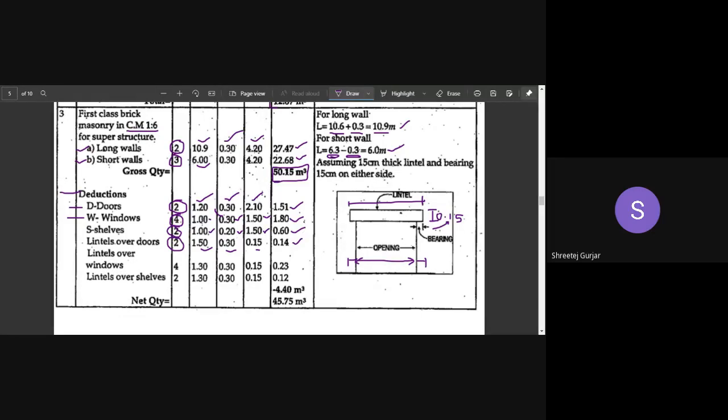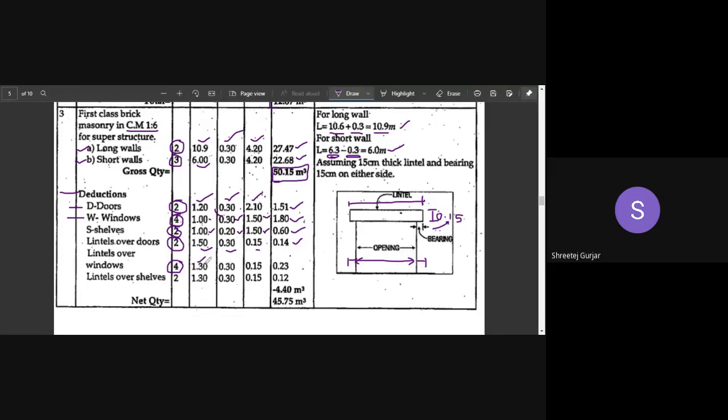Okay, lintel over window is also required, so we will calculate the quantity of lintel over windows. Windows are 4 in number, and the window width is 1 meter. Considering the bearing 0.15 over here and 0.15 over here, 1 meter plus 0.15 plus 0.15 will be 1.3 in length.